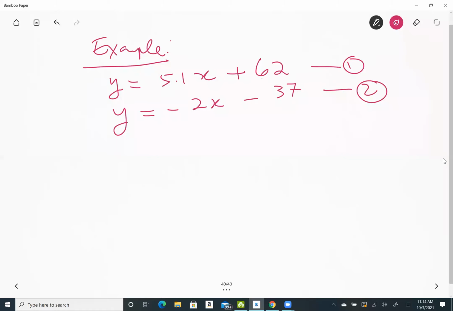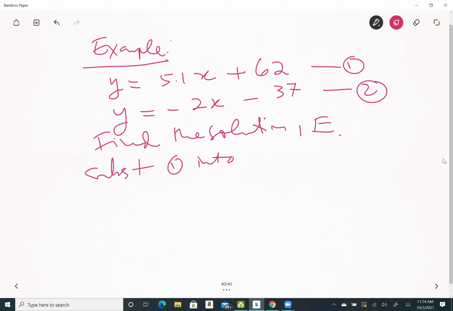In order for you to find the solution, the equilibrium, we substitute 1 into 2. So when you do that, we have 5.1x plus 62 equal to negative 2x minus 37.